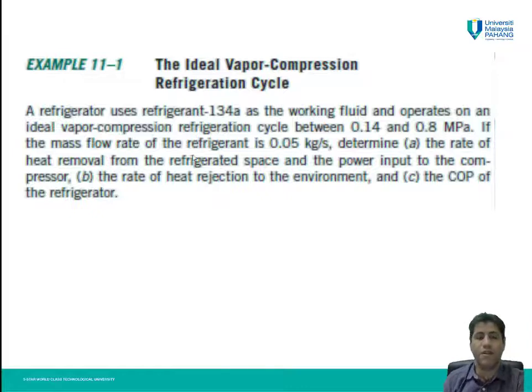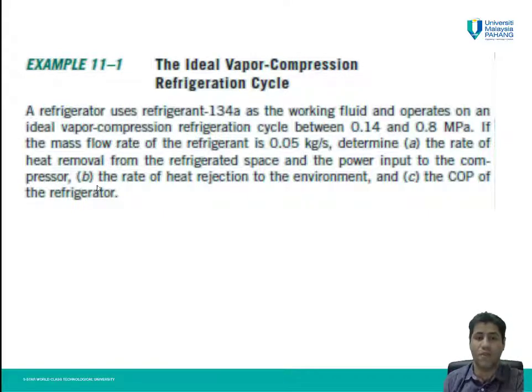If the mass flow rate of the refrigerant is 0.05 kilogram per second, we need to determine the rate of heat removal from refrigerated space, in other words, Q dot L, and also the power input to the compressor, or W dot, which is the required power for the compressor.